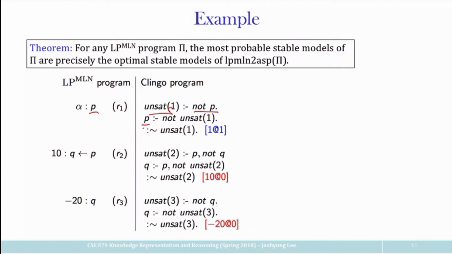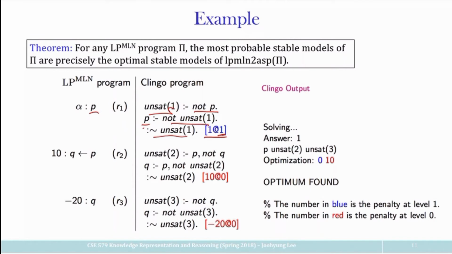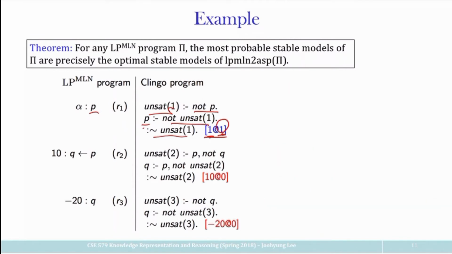And P is true if onset is false, meaning that if the first rule is true, then P should be true. And this one is saying that if the first rule is not true, then it gets this penalty. The penalty here is 1 at 1 because this one is the level, and this is just the same for all the hard rules.